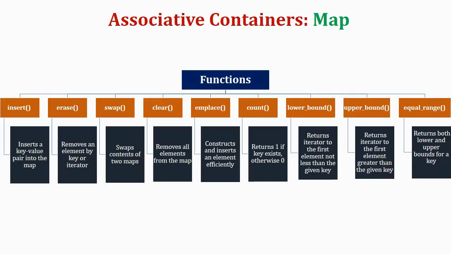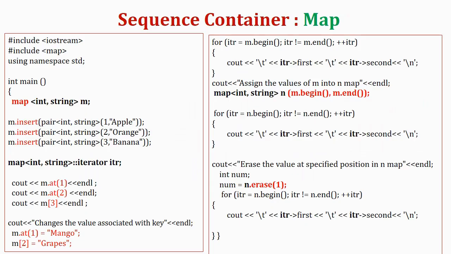So here we are going to apply these functions. We will build one example program. For example, here we are creating an object from the map. With the help of the object, we are going to call the inbuilt functions. First we will call the insert function, which will insert the key value pair. For example, 1 is the key, apple is the value.